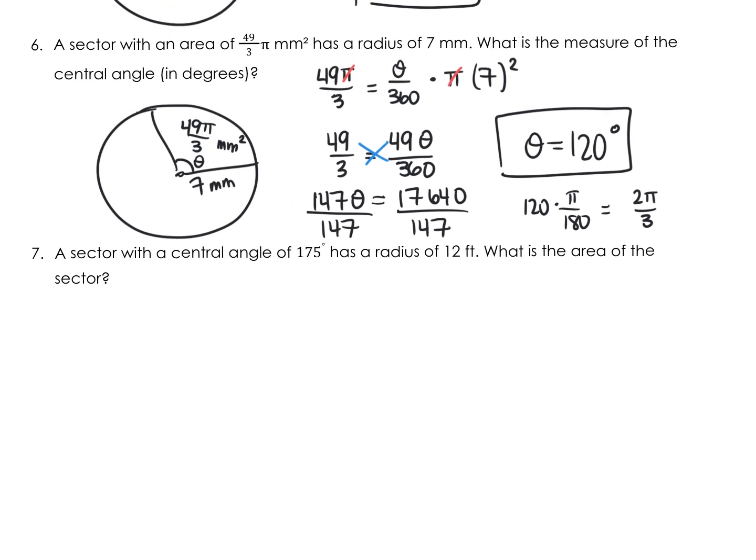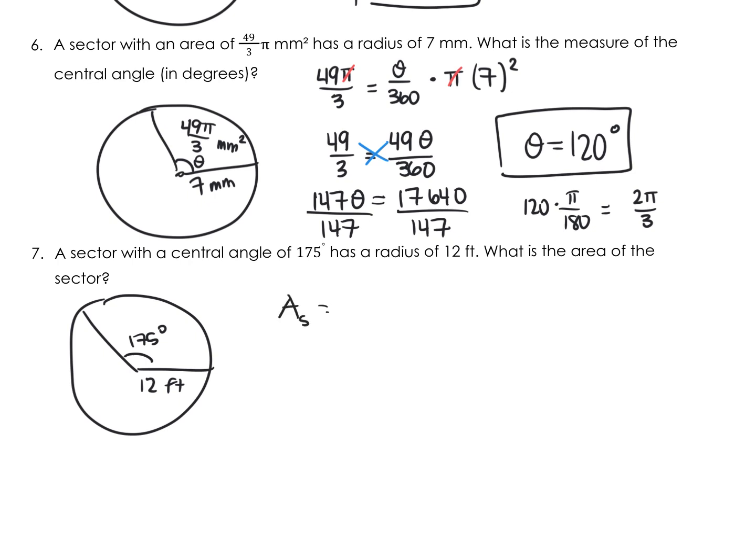Last example: a sector with a central angle of 175 degrees and a radius of 12 feet. What is the area of the sector? We have 175 over 360 times pi times 12 squared.